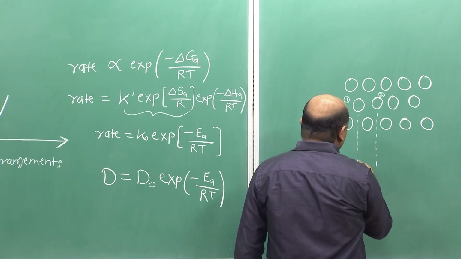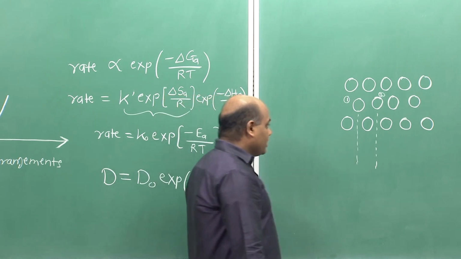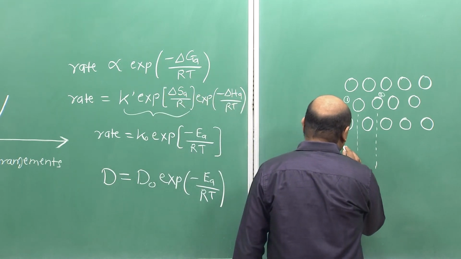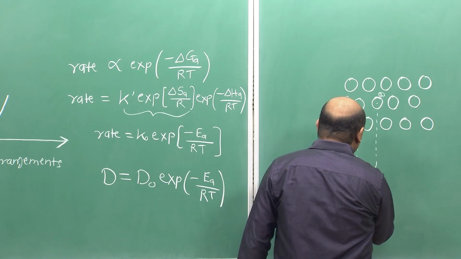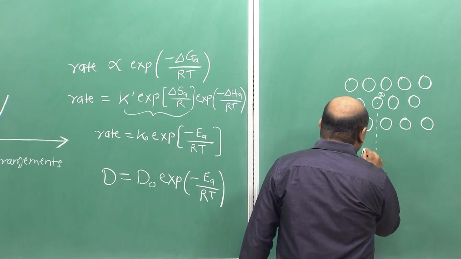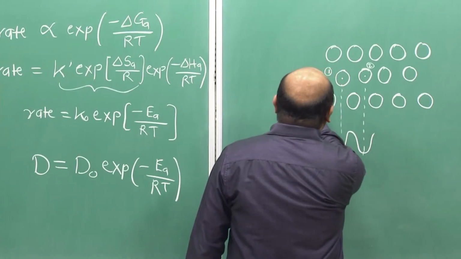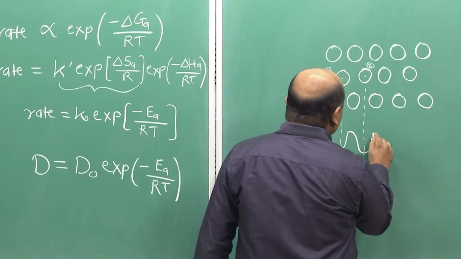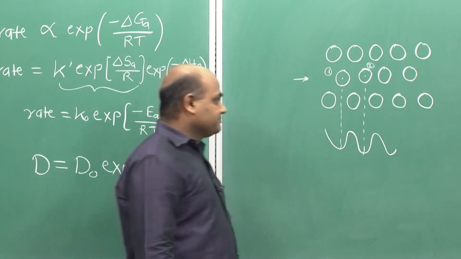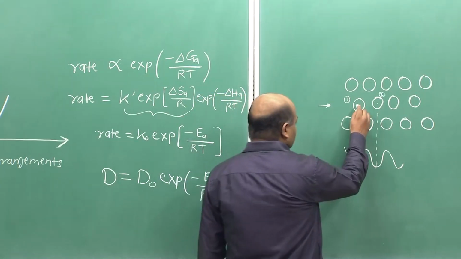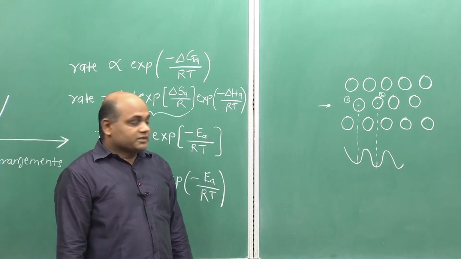So, we know that in solids the atoms are sitting in a potential energy well at their equilibrium lattice sites, which means these equilibrium positions are basically the minimum in energy. So, if we talk about this row, this is how the energy will vary with distance, right. So, the atoms are situated at the minimum or in the potential energy well.